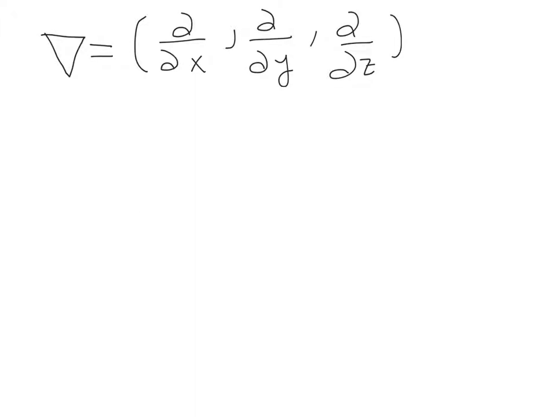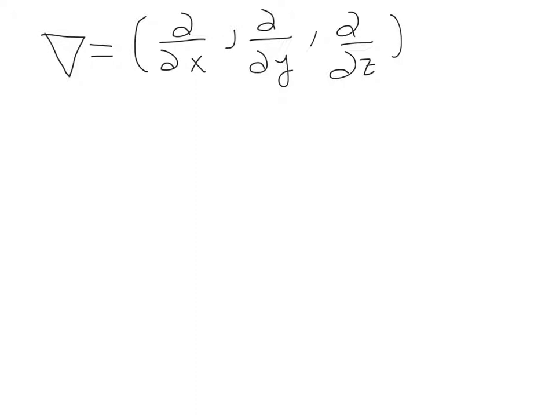Each of these operations has in common the del operator or the Nabla operator, which by itself is meaningless because these partial derivatives are not applied to any function or any vector components, but is extremely useful for expressing gradient, curl, and divergence. Just a quick review of partial derivatives.